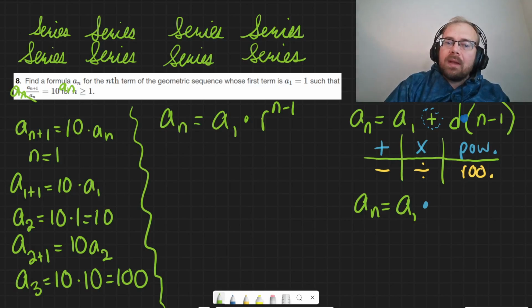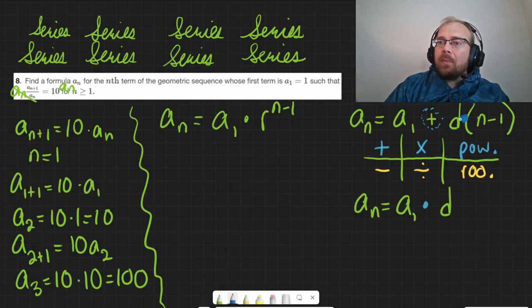So then it would be d, but I'm going to have to rename it here. Times would become a power, so we ramp that up. So it's up here in the power.